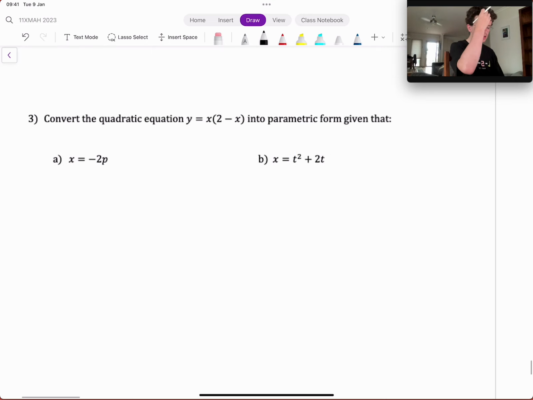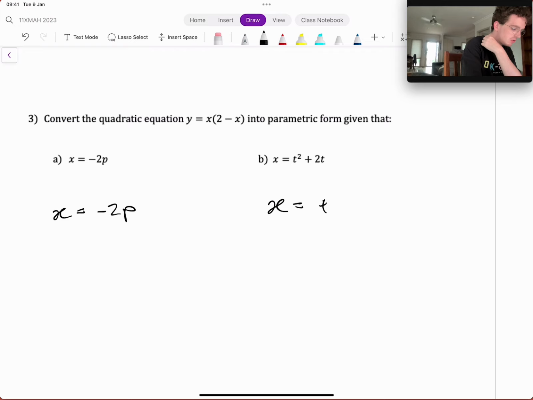Question number 3. Convert the quadratic equation y is equal to x(2 minus x) into a parametric equation. So again, first up, when we're going from Cartesian to parametric, our x is usually always the one that's given. So we've already done half the question because it's given to us.